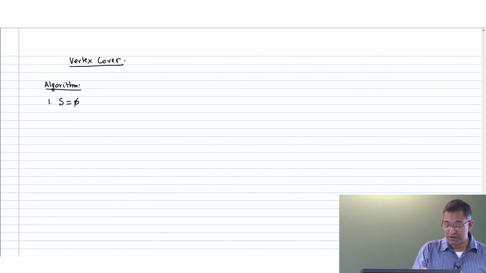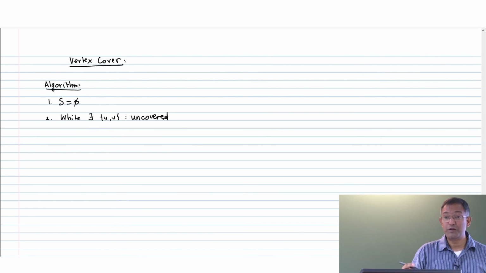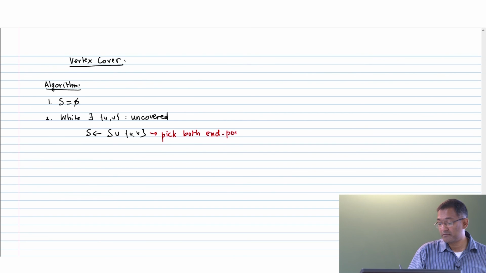So, let S be the empty set. While there exists an edge UV uncovered, which means that neither of its endpoints have been chosen, pick both the endpoints.